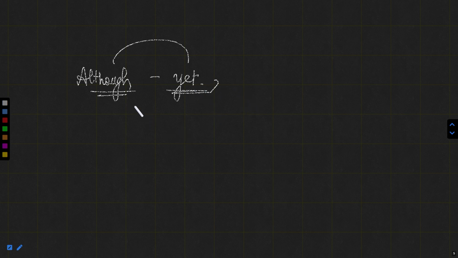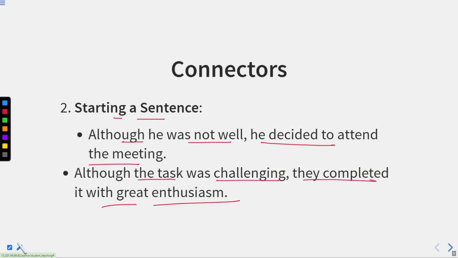So it can be used as a pair conjunction either with yet or with a comma. Though you can use it without the comma as well, or without the word yet as well. So it can be used both as a single conjunction as well as a pair conjunction.